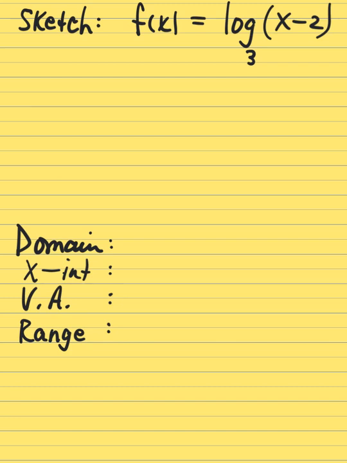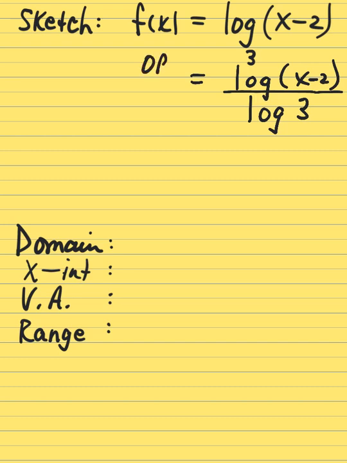If you do not have log base on your calculator, that is fine. The way around it is log of x minus 2 over log of 3. You can type that function in either way.